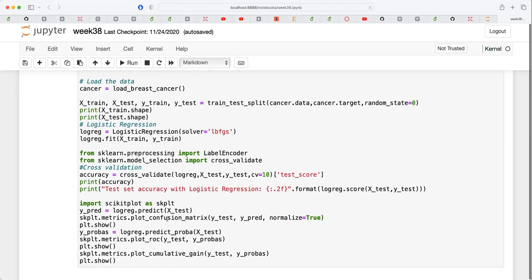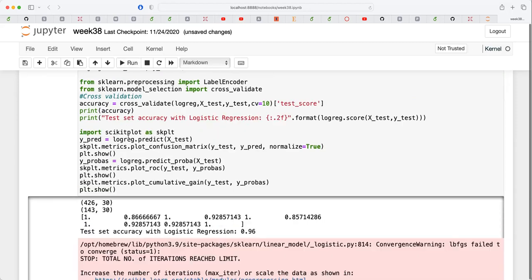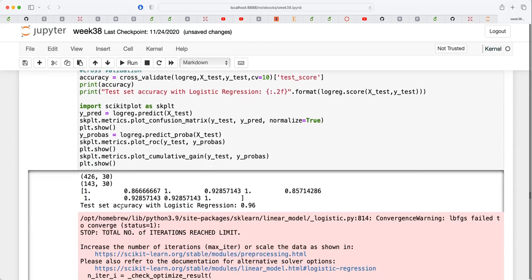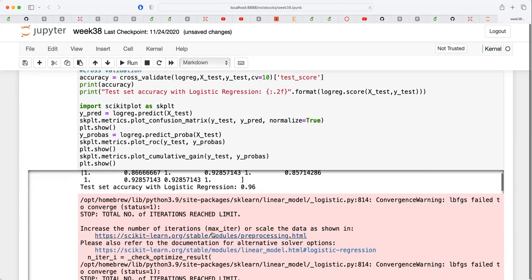So one is the confusion matrix. And for this binary problem, what you would do is present true positive, true negative, false positive, false negative. And this is typically a way to present your data. So if you run that, by the way, you will often get messages like this, about the number of iterations.